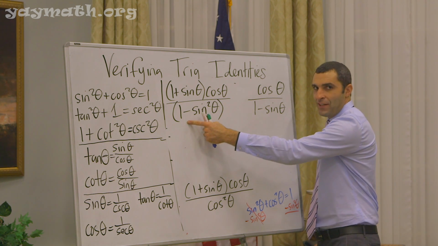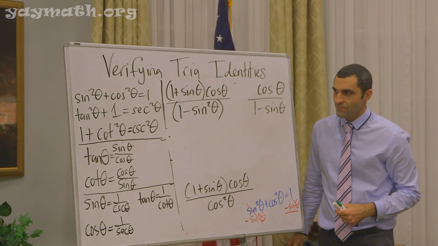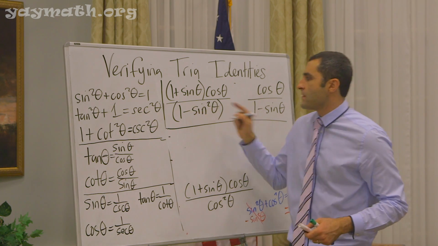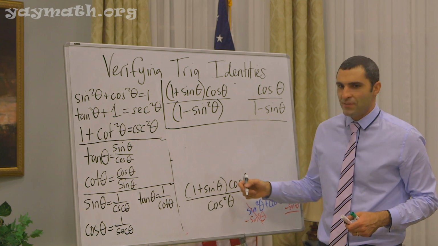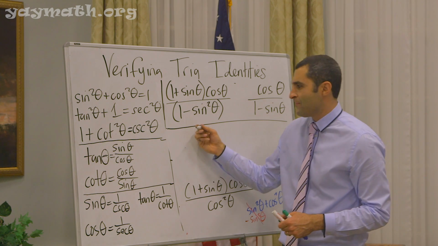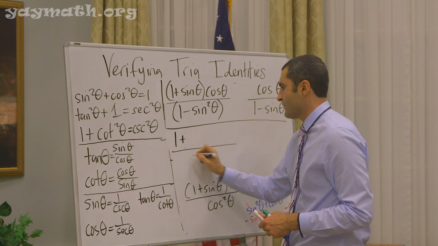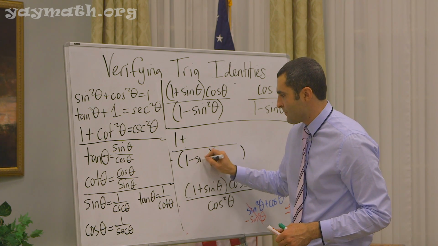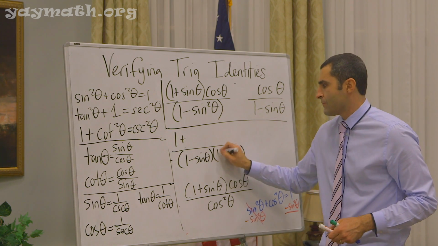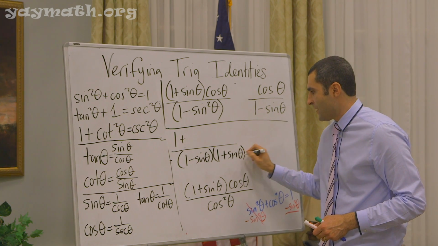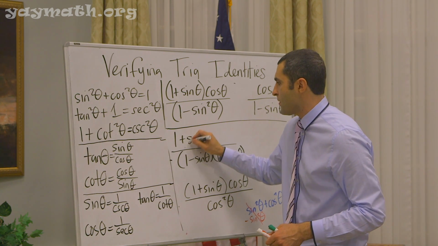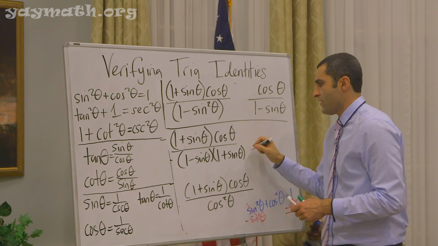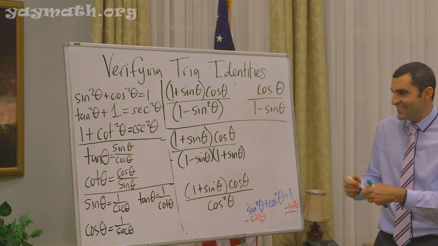You remember what we did with factoring, like 1 minus x squared? So the factorization of 1 minus sine squared theta is 1 minus sine theta times 1 plus sine theta. Very good. Then we have 1 plus sine here, and that cancels out.